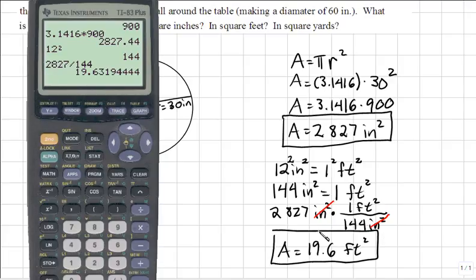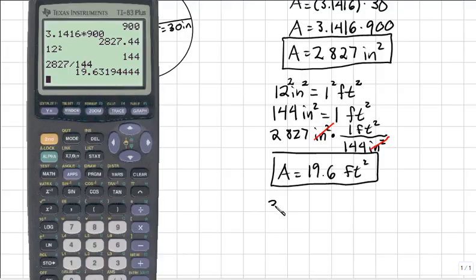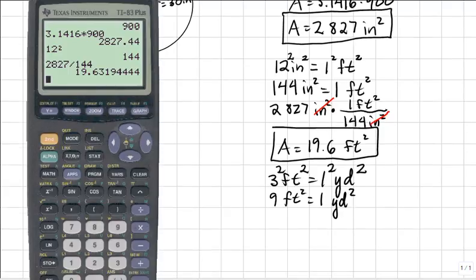Next, let's convert this from square feet to square yards. We know that 3 feet are in 1 yard, and again, squaring all of our quantities, 3 squared feet squared, 1 squared yard squared, 3 squared is 9 square feet, is equal to 1 square yard. In other words, 9 square feet is 1 square yard. Again, we'll use this as a conversion factor by taking our area in square feet and multiplying it by a fraction, like we did before.